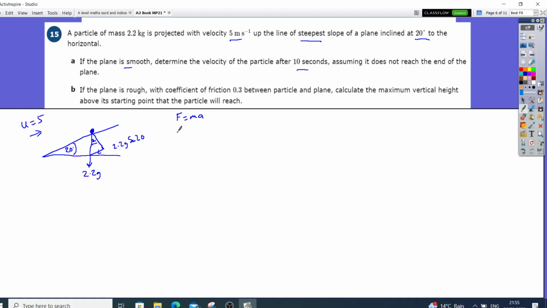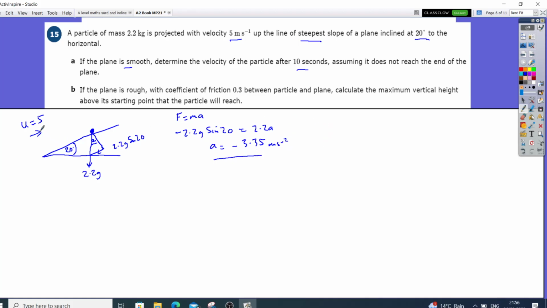So that's going to be minus 2.2 g sine 20, which equals mass 2.2 times a. If we divide that through, you'll get acceleration, in this case deceleration, to be 3.35 meters per second squared to three significant figures.